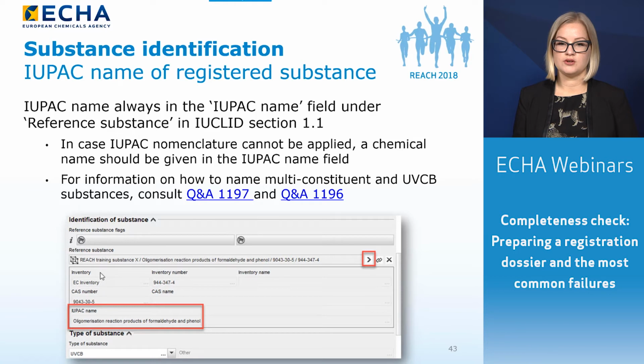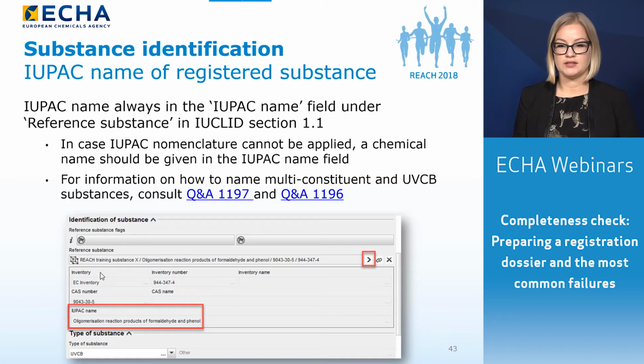For information on how to name multi-constituent and UVCB substances, please consult the Q&A 1197 and Q&A 1196 available on the ECHA website and via these links. Also, an easy way to quickly find these entries is to use a search engine and, for example, type ECHA Q&A 1197, and usually the first hit you get is the one you are looking for.